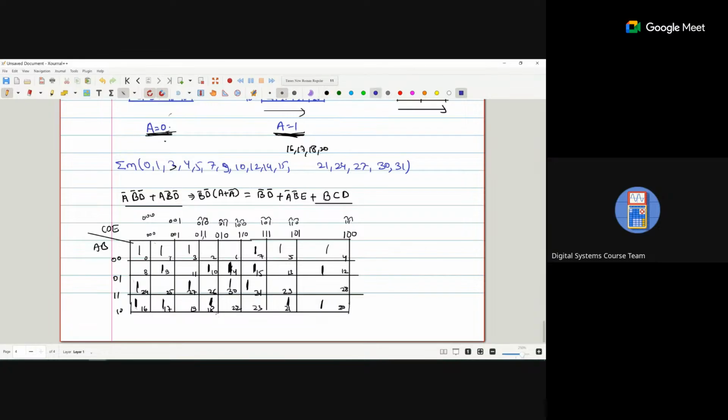Okay, you can solve in that way also. This is the mirror image. Okay, after 4 columns, this is the mirror image.